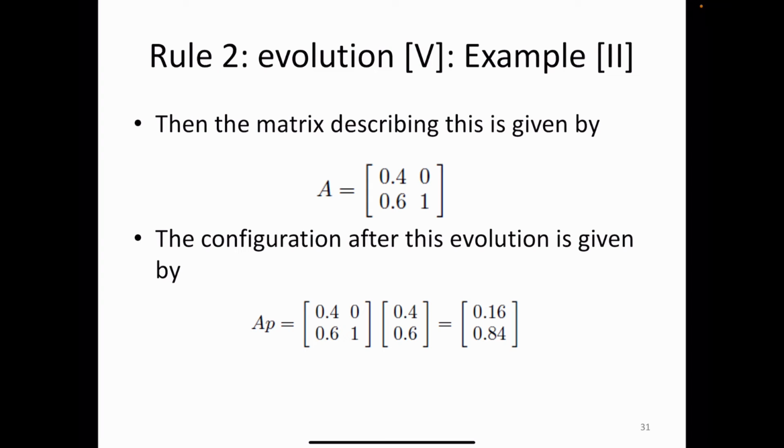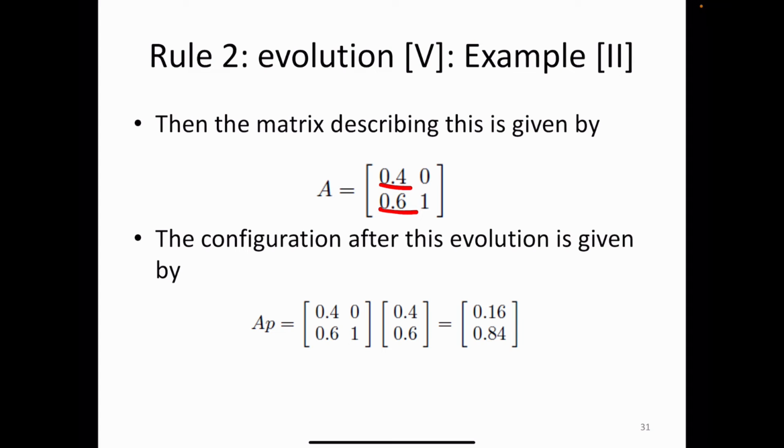So we have these two configurations here on the right. We have our probabilities here. We're not talking about probability amplitudes in that case. We're talking about probabilities specifically because we're in a classical system.